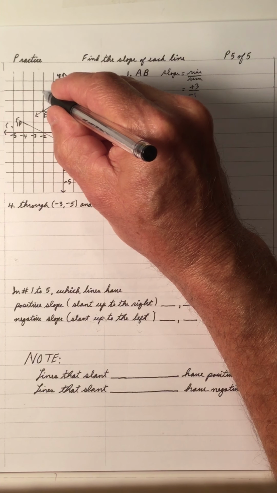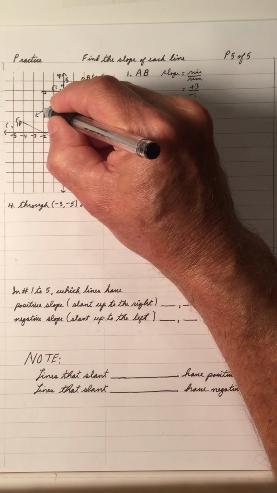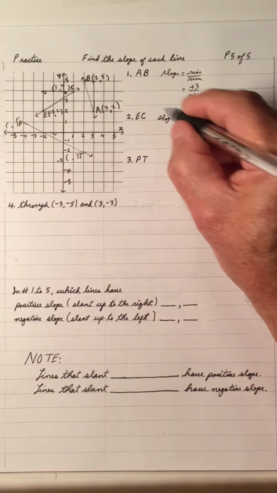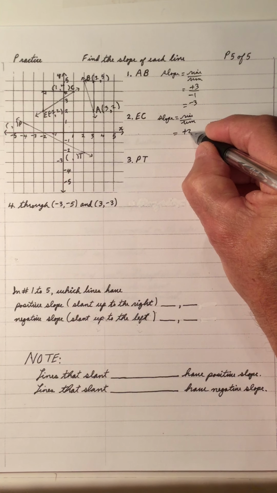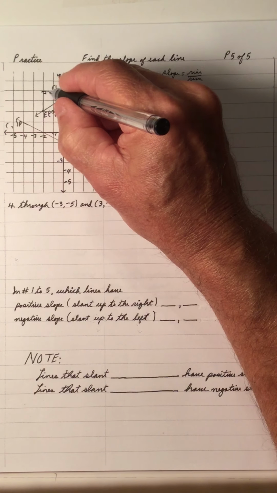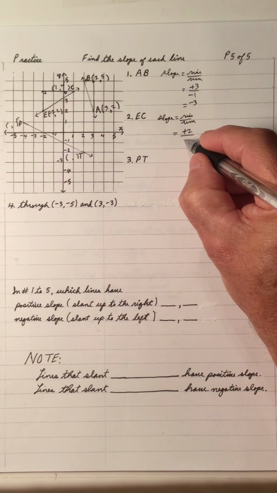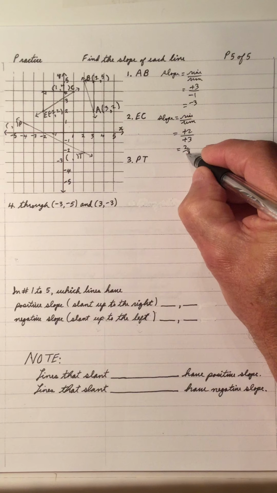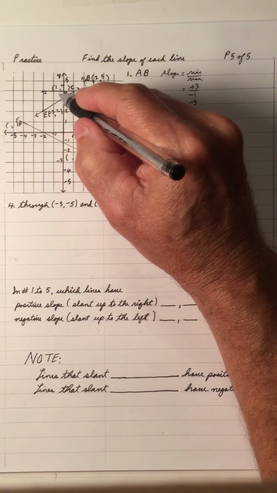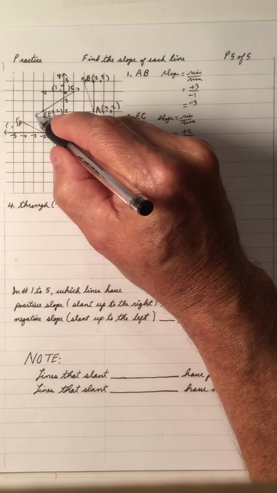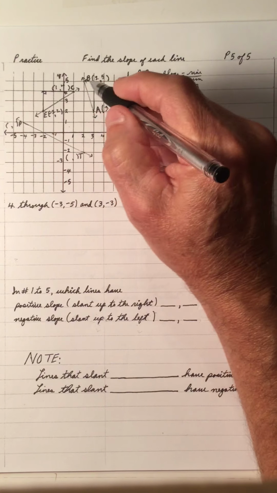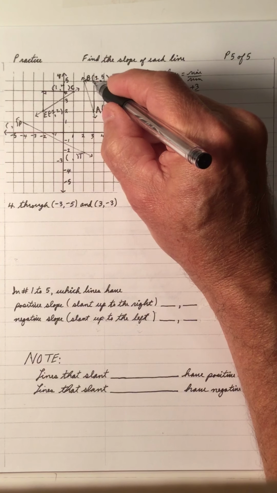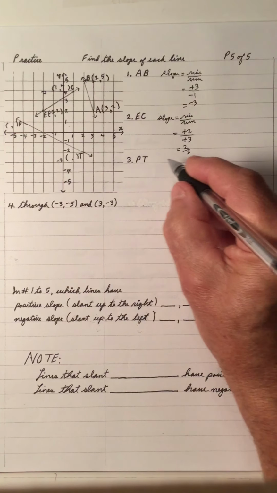There's the right angle. So that's 1, 2. So the rise is +2. And the run is 1, 2, 3, +3. So the slope is 2/3. Again, notice it's up to the right, positive slope. Notice this one, up to the left, negative slope.